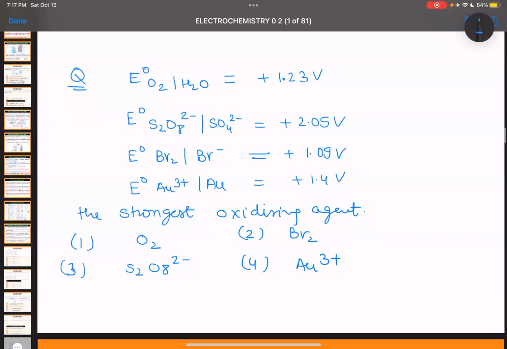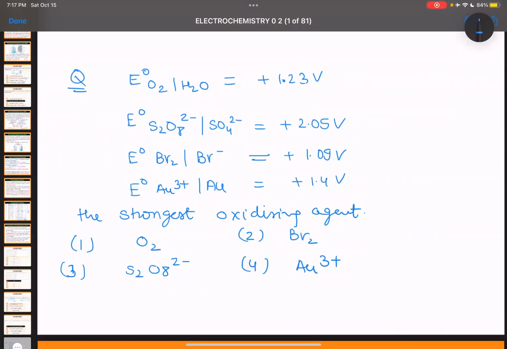Yes, so it is accepting. Check whether it is accepting or donating. This is accepting electrons, and it has the highest value out of all. So this is going to be the strongest oxidizing agent, right?